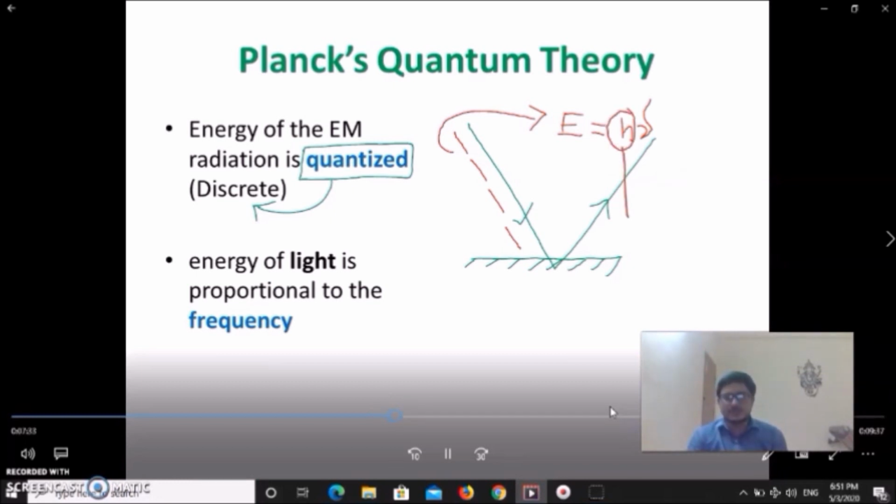Here h is called Planck's constant, having value 6.626 into 10 to the power minus 34 joule second, and nu is the frequency of the radiation. Whatever radiation we are discussing, that frequency is nu. So according to Planck, the energy of the light is solely determined by the frequency of the incident radiation.